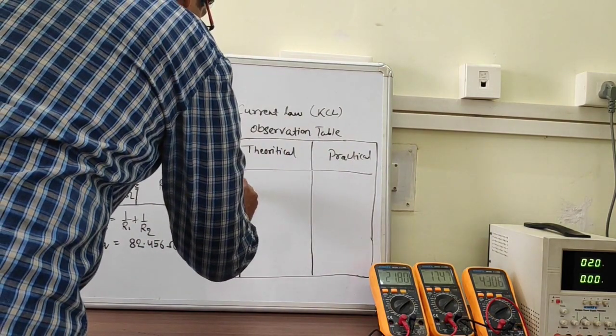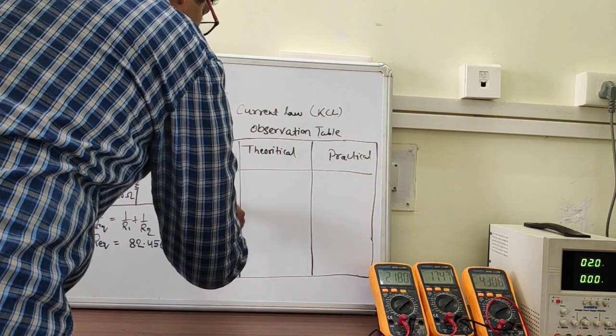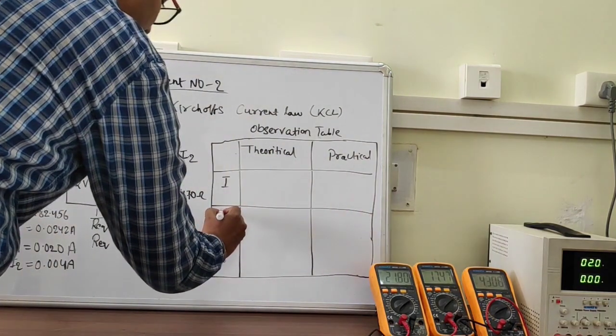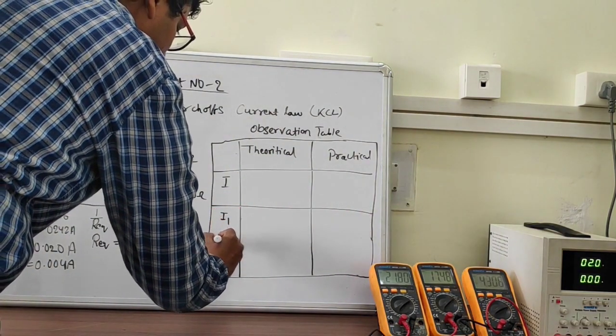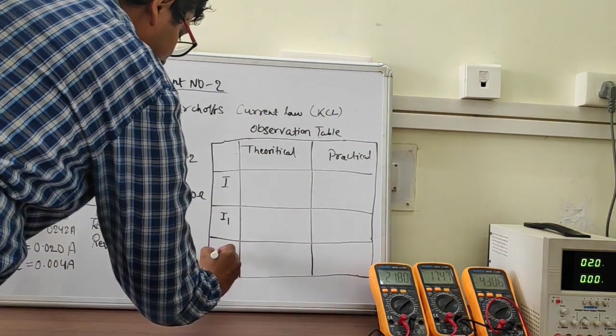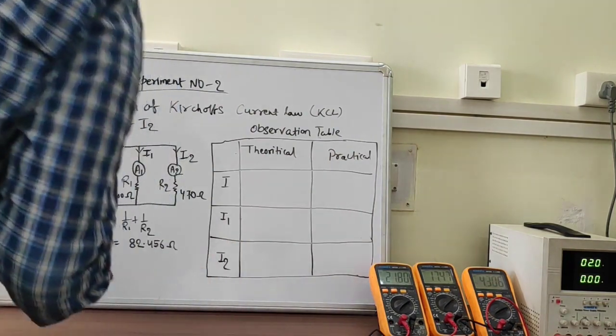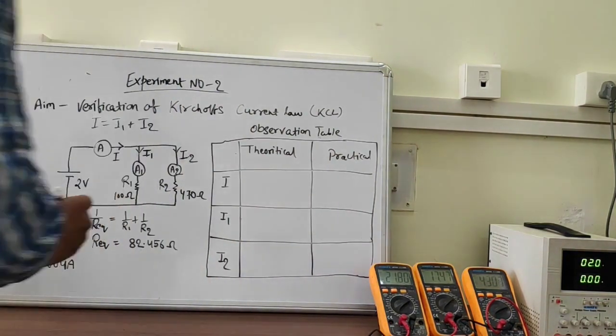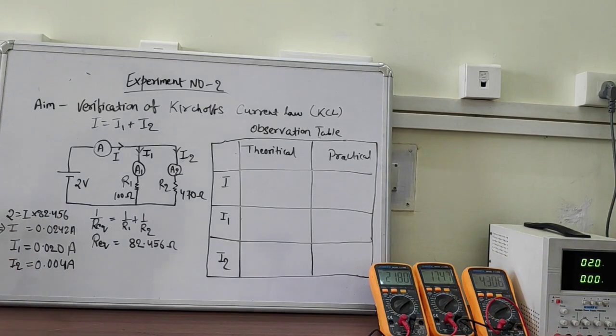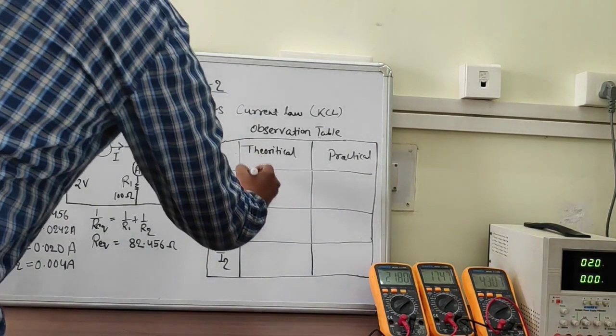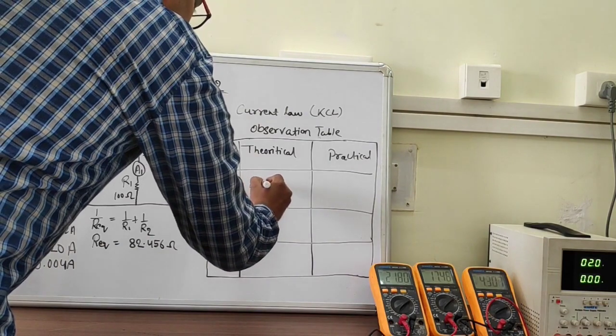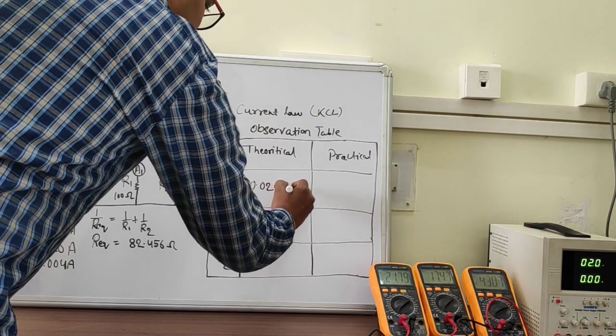The first value would be of I, the second value would be of I1, and the third value would be of I2. The I theoretical value which I have got is 0.024 ampere.